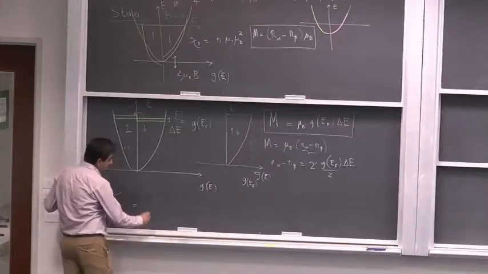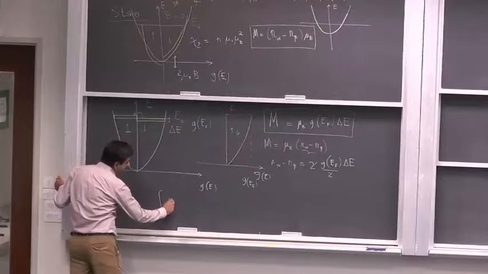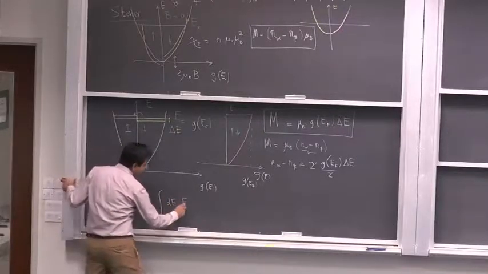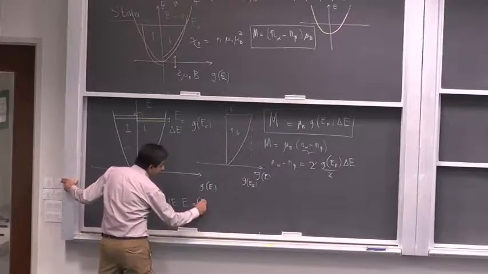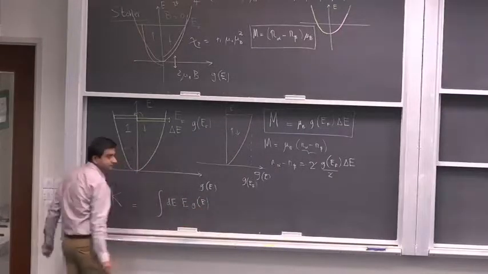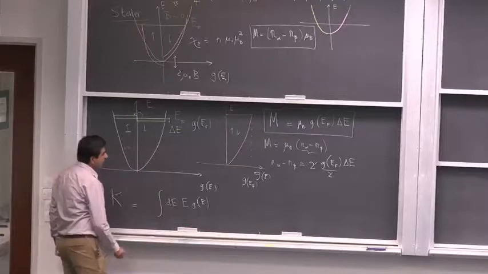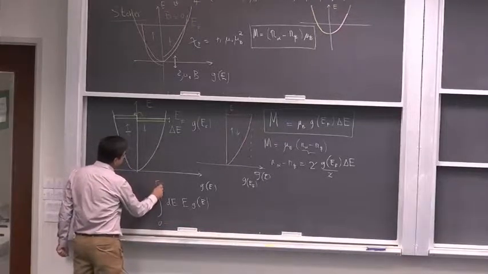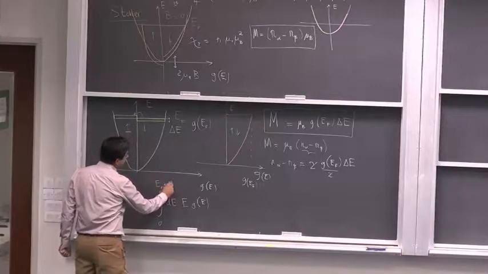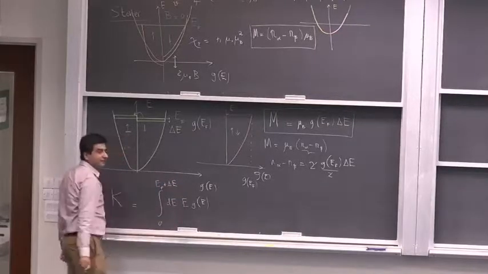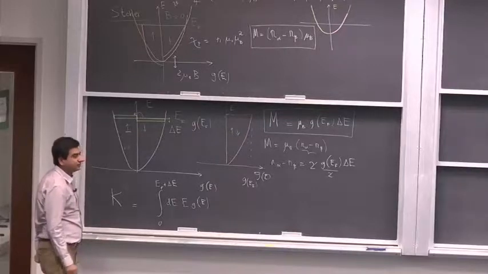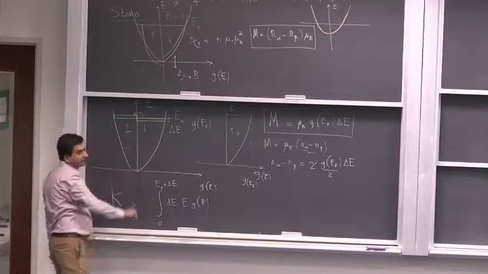It's going to be the integral dE E G(E) from 0 to EF plus delta E. Correct? This is the total. This is for this spin subband.